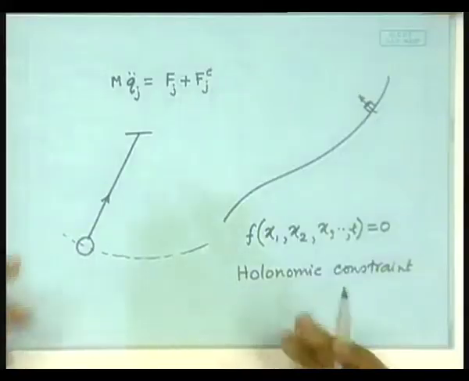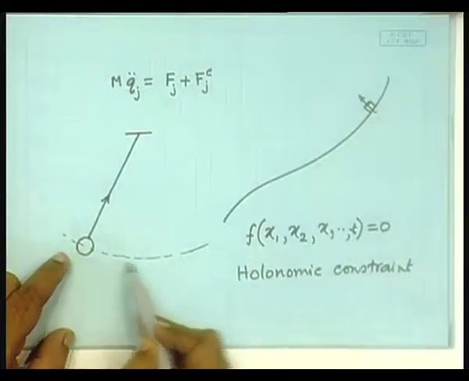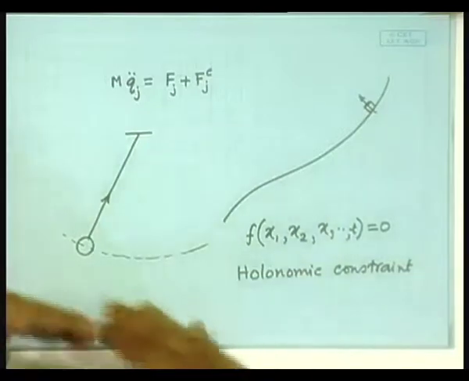You can easily see that the holonomic constants actually reduce the dimensionality of the system, right. For example, here the bob is constrained to move on the surface of the sphere, and therefore, as we will see, we can define a new coordinate system on the surface of the sphere, and that is actually what we do. For a pendulum, it will be stupid to write in terms of x, y, z.